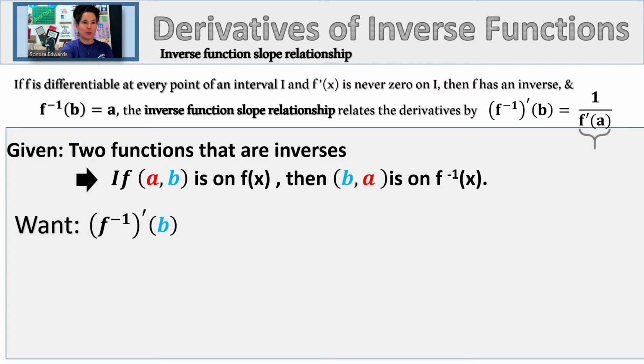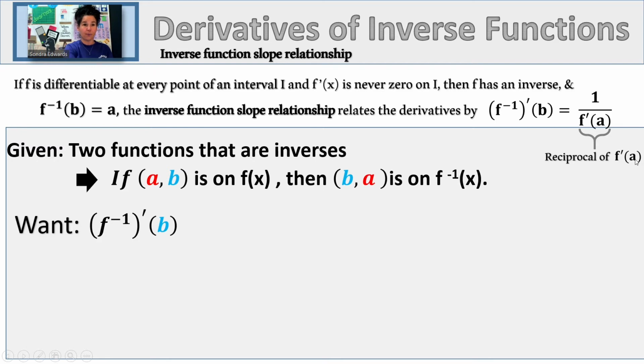Now, what does that mean really quick? F prime of a, 1 over. Whenever you take 1 and divide it by something, it just spits out the reciprocal, like 1 divided by 2/3 is 3 over 2. So this is really saying the reciprocal of f prime of a. So we want to find f prime of a.